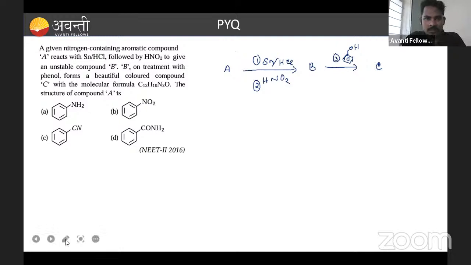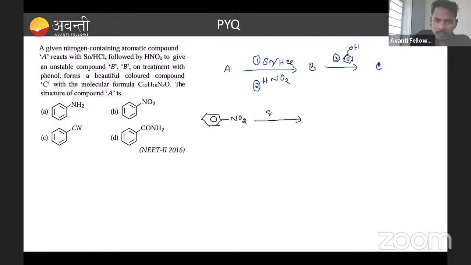So first, let me write this. We are taking a nitrogen containing compound, so this would be nitro. And we know this nitro can be reduced by Sn/HCl, so it will be converted into NH2.